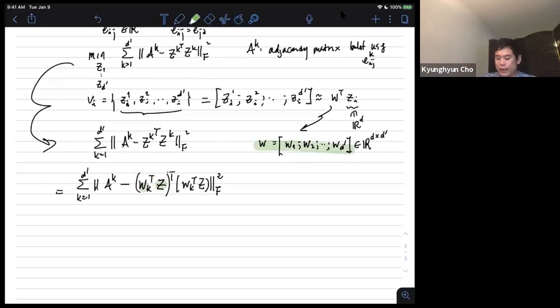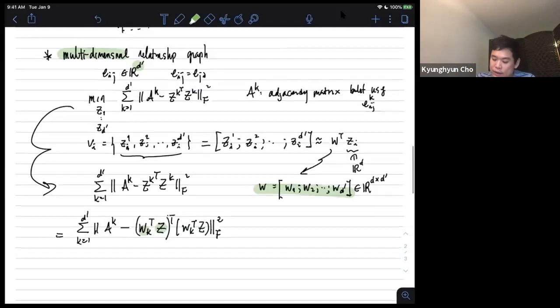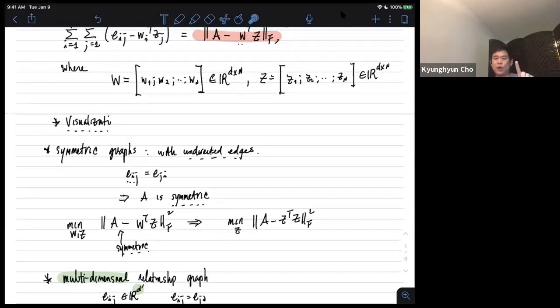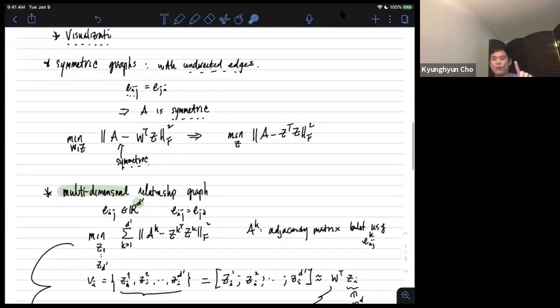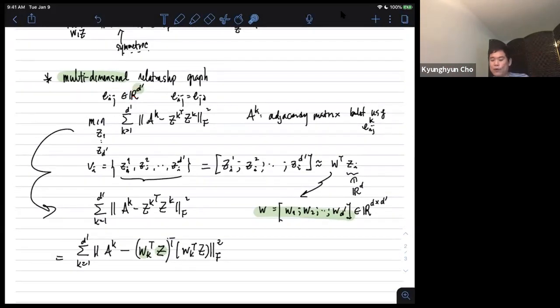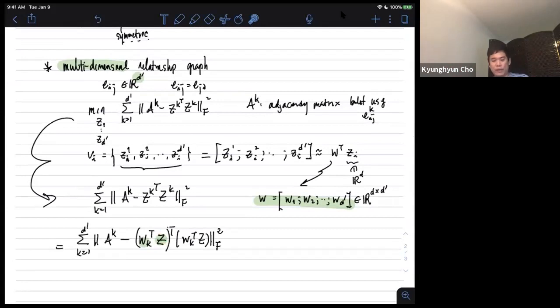And then suddenly what we get is a single vector representation of each vertex that encodes all the information about the d prime many relationships that are available. So it is exactly the same as the problem that we solved above, where the edge strength was given as a scalar. All we do is simply solve the same problem d prime many times, while sharing the code matrix.